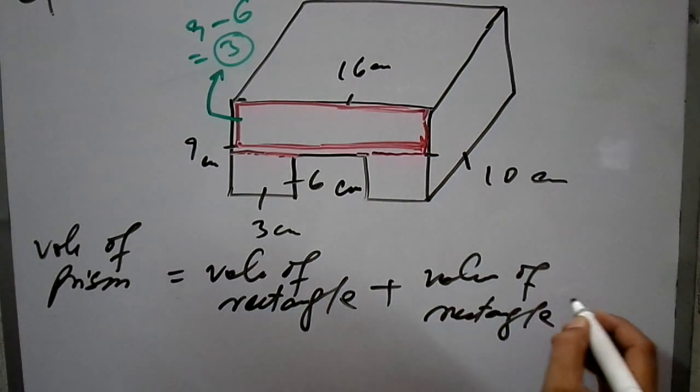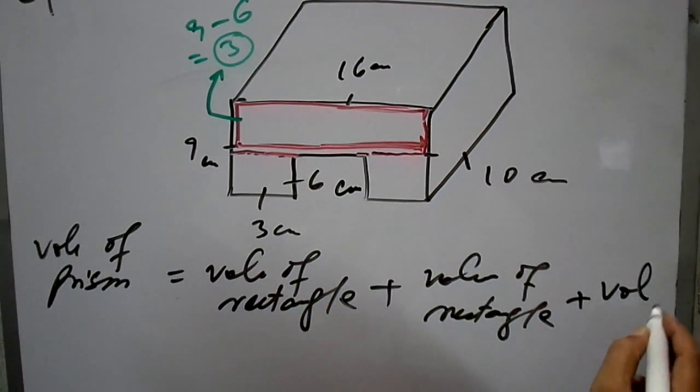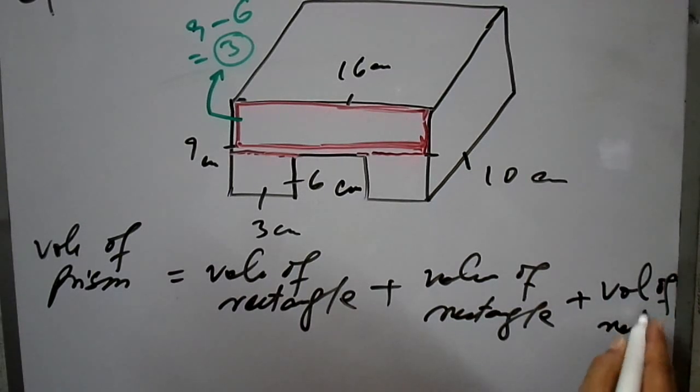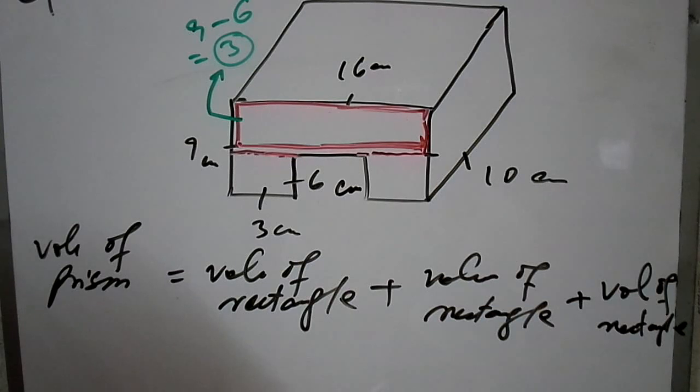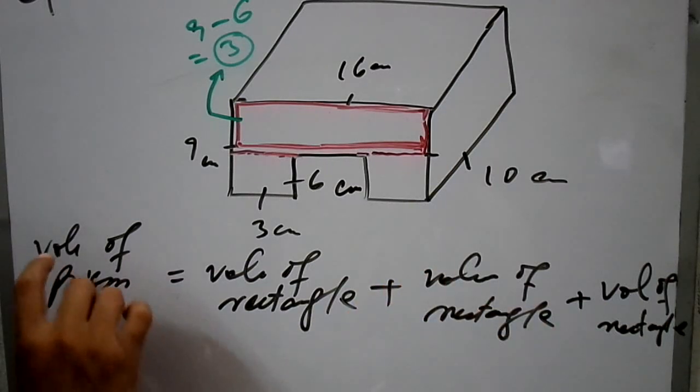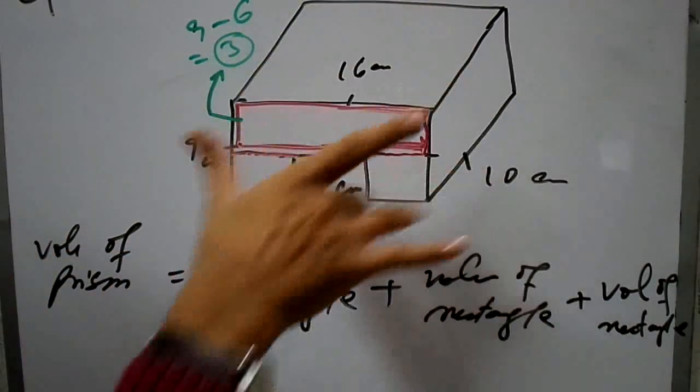So in this figure you have 3 rectangles, so you have to find the volume of all these rectangles. If you make a sum of this, it will be the total volume of the prism.